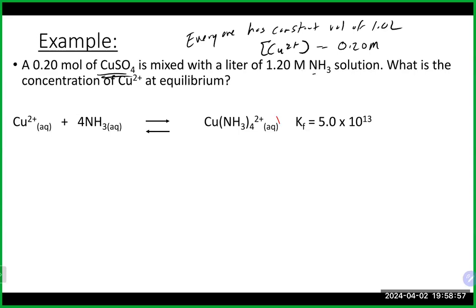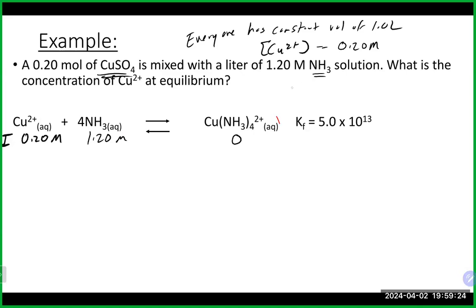The ammonia obviously is going to come here, which we're just going to assume is also that molarity as well. So we're going to do an ice table here. So initially for our copper, we have 0.2. And for our ammonia here, we have 1.2. And we have nothing going on here for our complex ion.